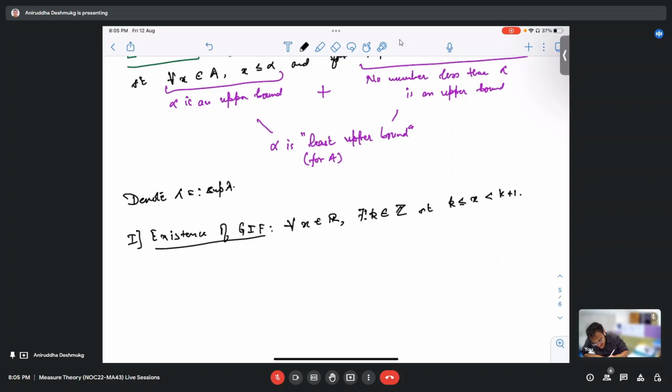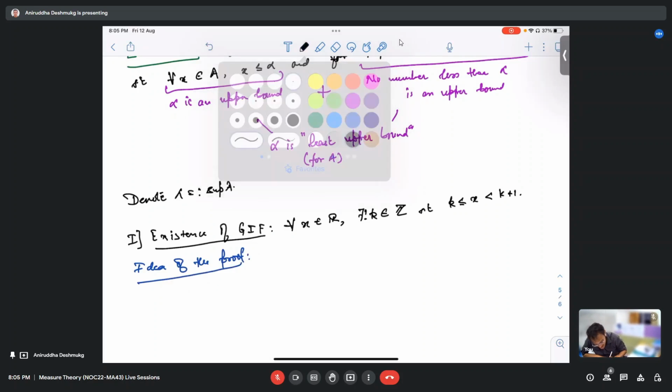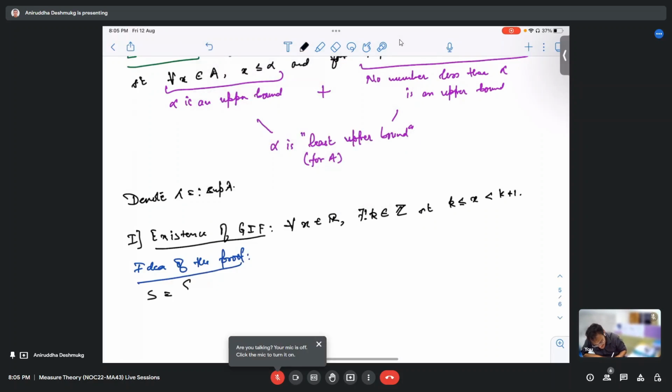And how do you prove this? So, I might not give you the complete proof, just the idea of the proof. You can fill in the gaps. So, the idea of the proof is that let us look at this set S. Look at all those k's in the integers which are less than or equal to x.